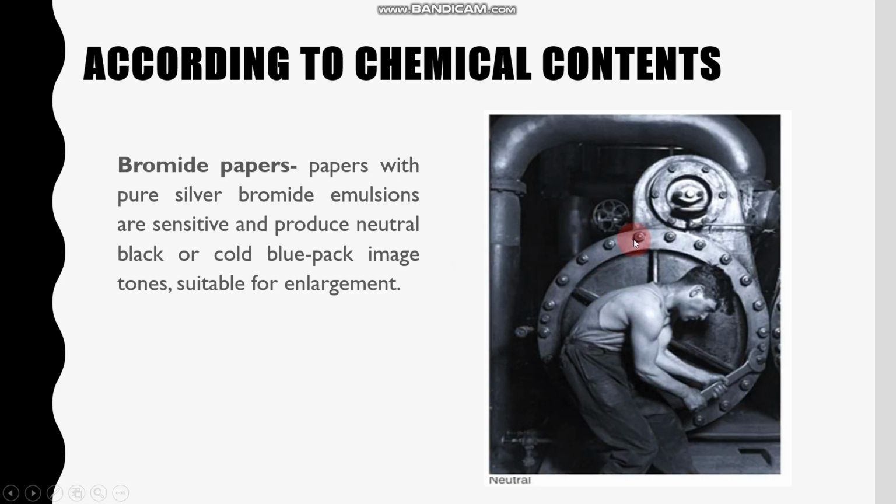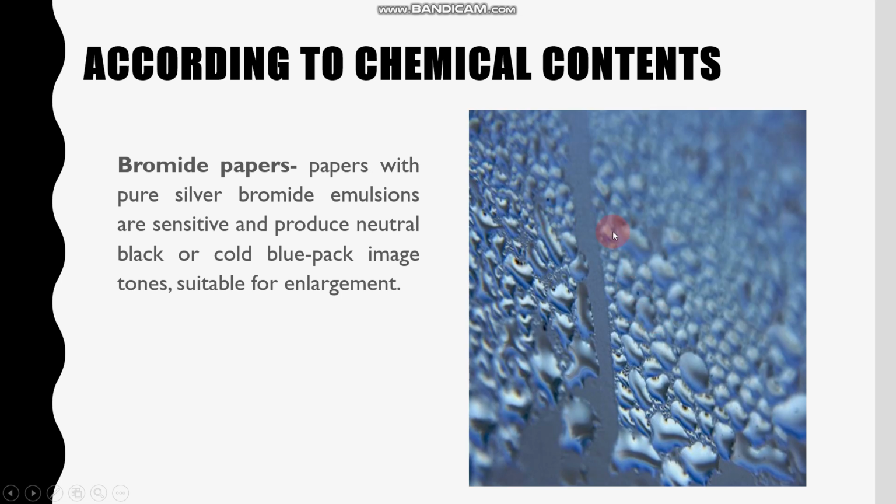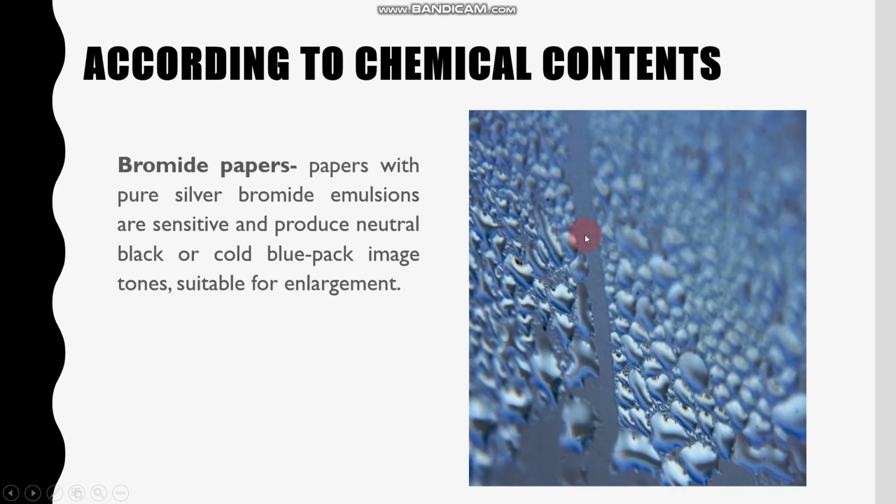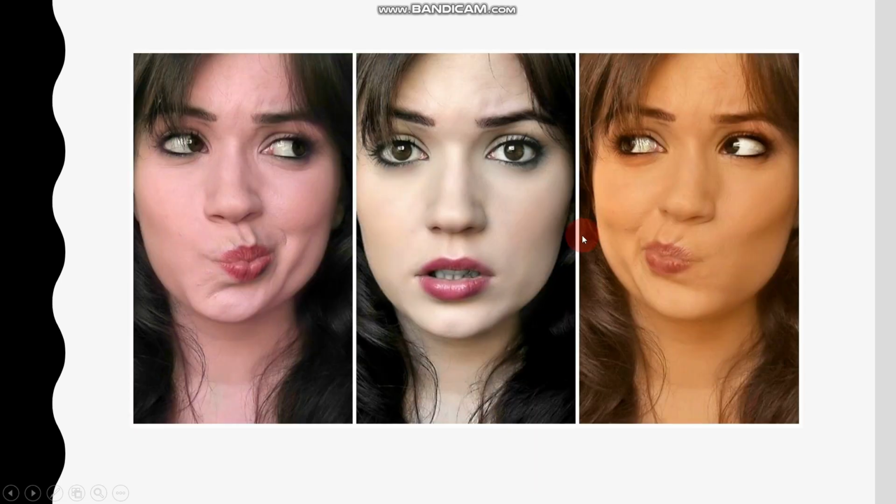So example, cold black, neutral black, cold blue black image, and cold black neutral. So if this is a black and white color, so neutral black yung colors, hindi siya katulad ng mga naunang papers and films natin.